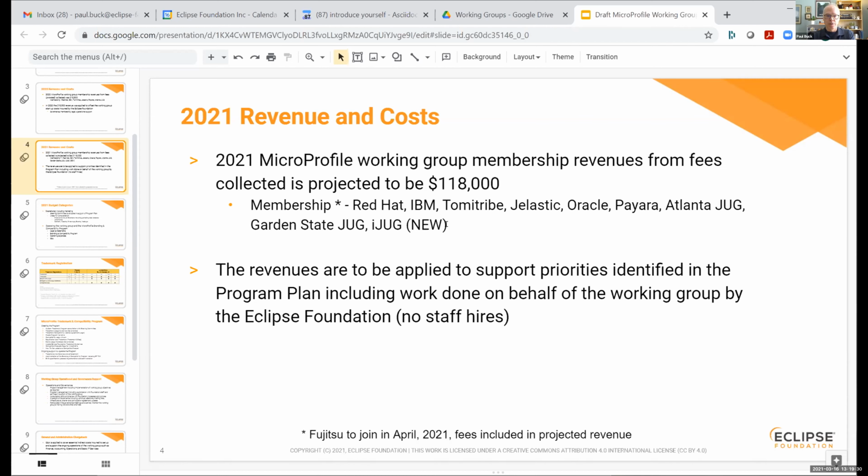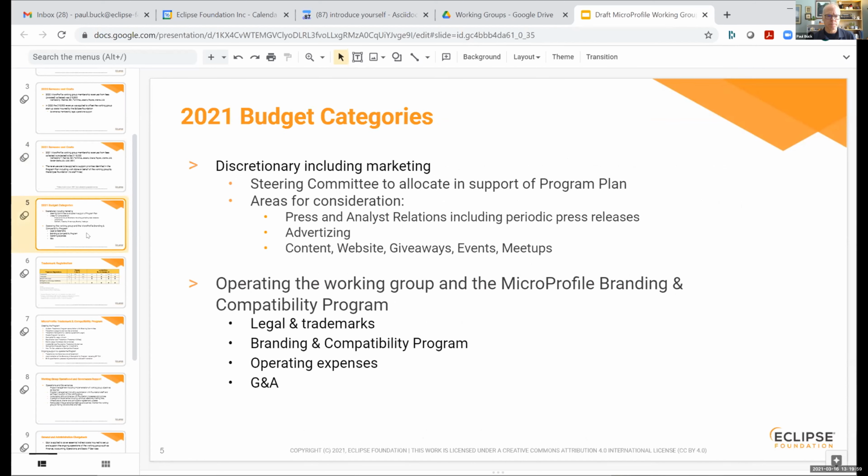Okay, so the revenues from the fees collected get factored into the program plan, and just for clarity, there will be no staff hires associated with the allocation of these fees. That was something we've spoken about previously on this call, so I just wanted to call that out. The budget largely is broken up into these categories.